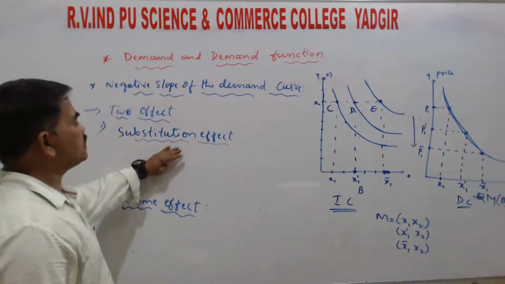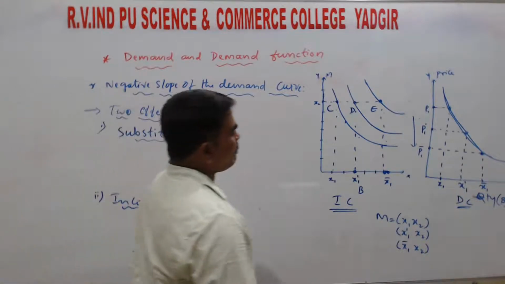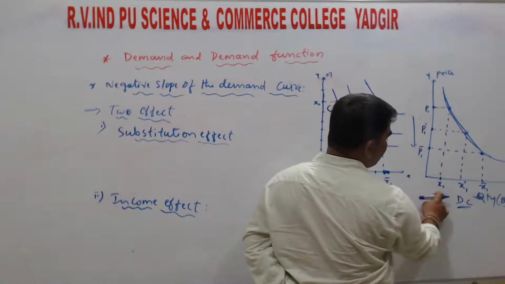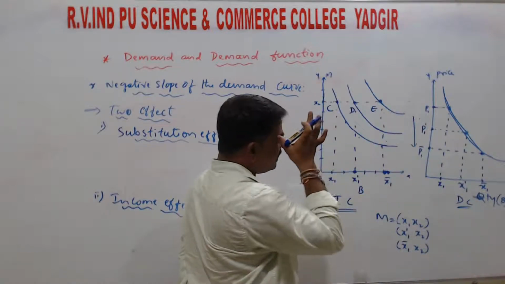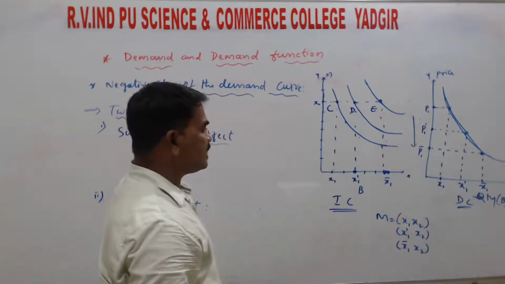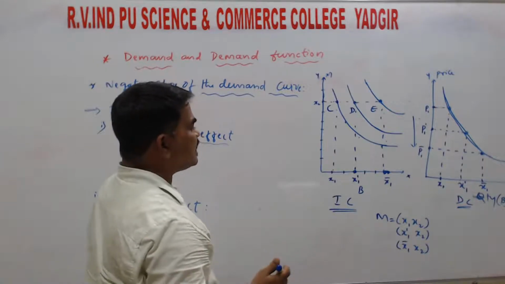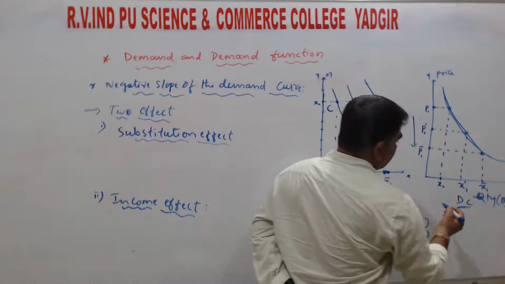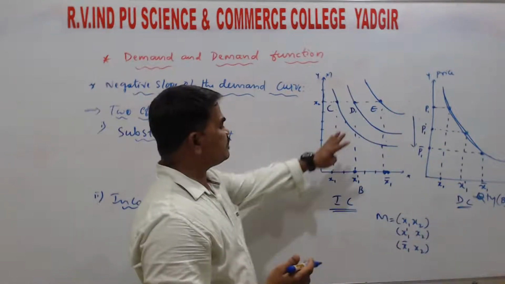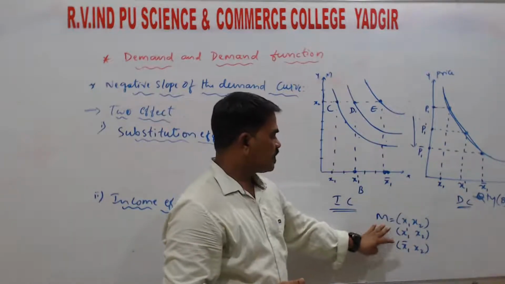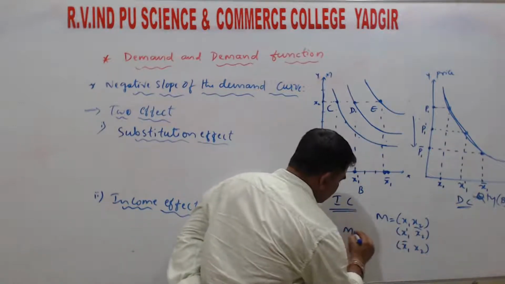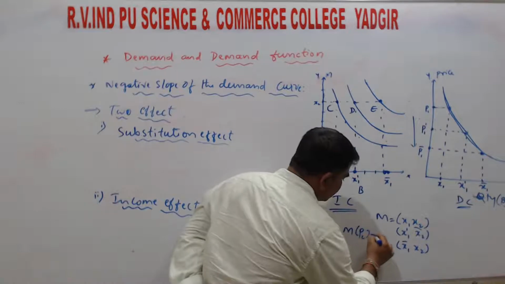What do you mean by substitution effect? As I said, when there is a decrease in the price, the quantity of the good increases, and demand for banana increases. Here, the mango's price, the X2 price, remains the same.